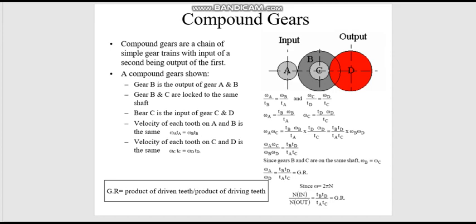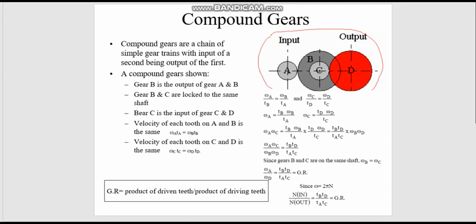So let's look at another gear system called compound gear. Compound gears are chains of simple gear trains with the input of the second being the output of the first. So an example of compound gear is shown in this particular figure.